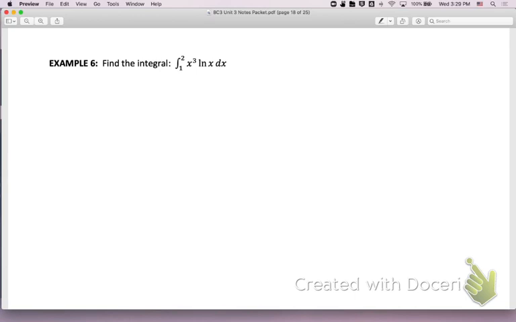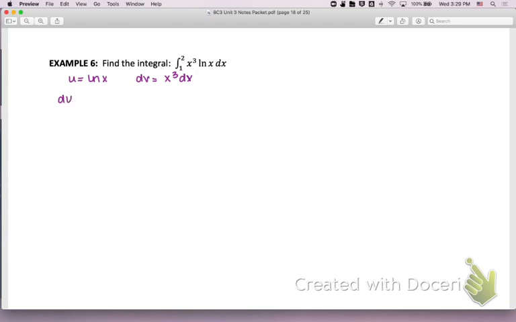You could use integration by parts to do it, but that is kind of defeating the purpose of doing it now. So that's how I would come to the conclusion that what I actually want to use is I want to let u be the natural log of x. And that means that I want to let dv equal x cubed dx.